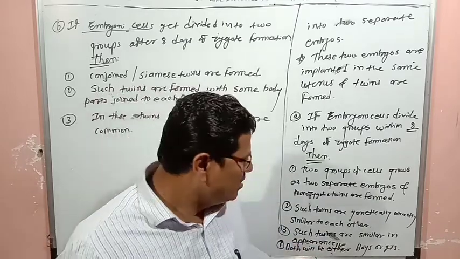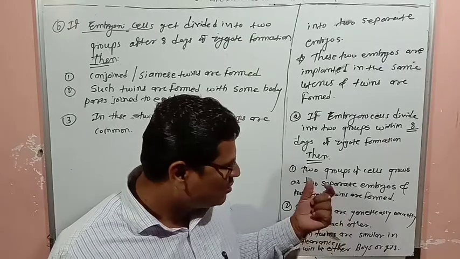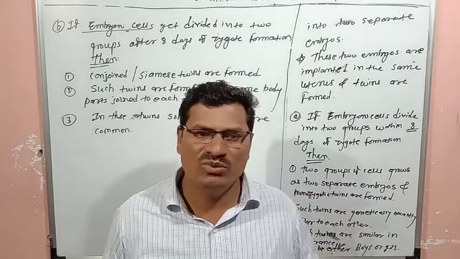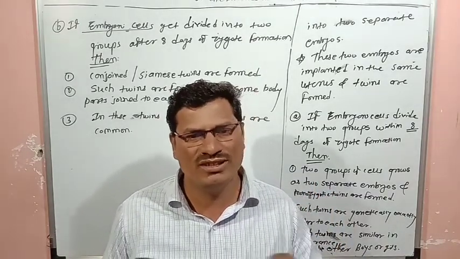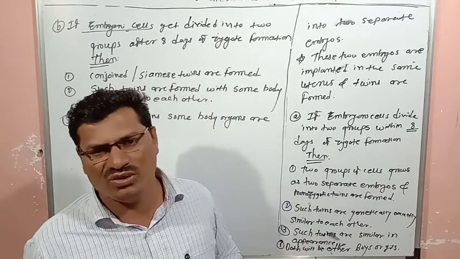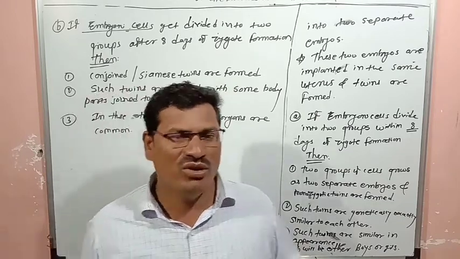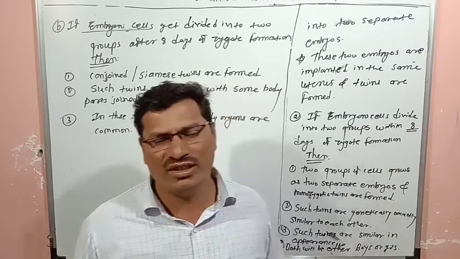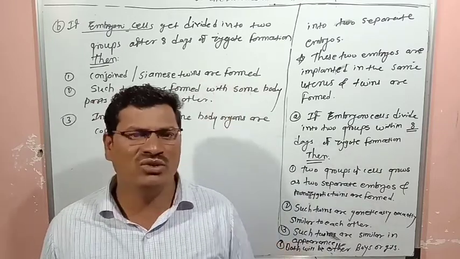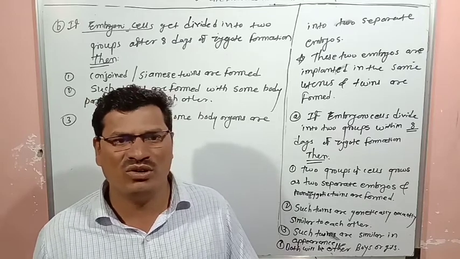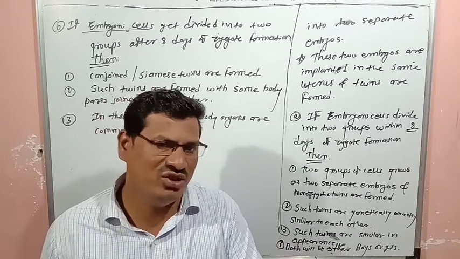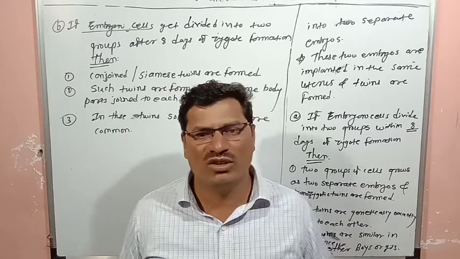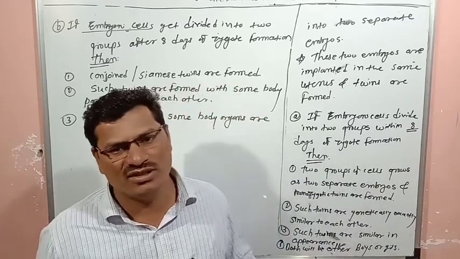These twins formed from a single zygote are called monozygotic twins. And if embryonic cells are divided into two groups after 8 days of zygote formation, then conjoined or Siamese twins are formed, born with some body parts joined to each other, and some organs are common in such twins.